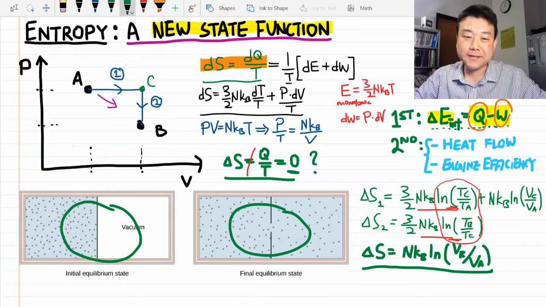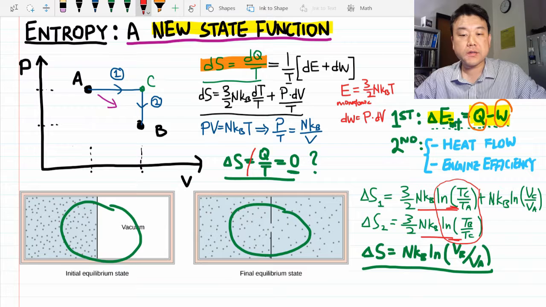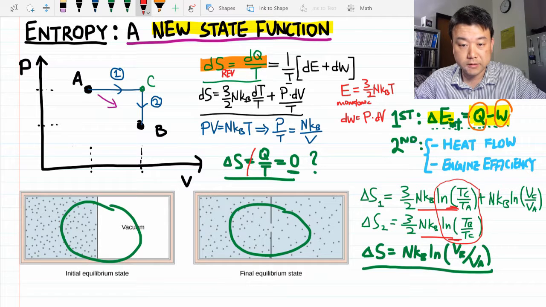So this is what this comes down to. The expression that we guessed at earlier, apparently it's not universally applicable. Instead, we have to be careful that it's describing reversible processes, or at least quasi-static processes. You need to have an actual path to integrate over.